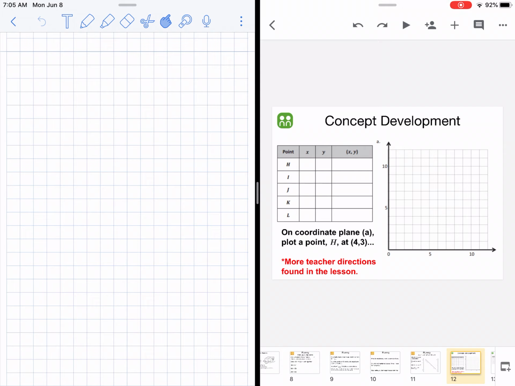All right, so we have a coordinate plane here. Go ahead and draw this same coordinate plane on your grid paper. Okay, and we're going to plot some points. So I'm going to draw this on mine over here.